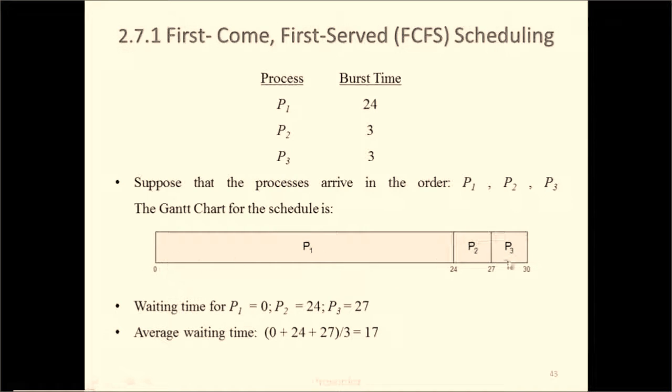So 0, 24 and 27. By the way, this kind of figure is called a Gantt chart. Now the average waiting time will be the sum of these three divided by 3. 0 plus 24 plus 27 divided by 3 gives us 17.